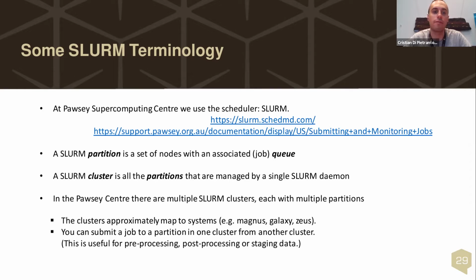Some partitions may have a longer wall time, which allows a program to run for longer times, or give access to a higher quantity of memory, as I said. A cluster is all the partitions and usually corresponds to a supercomputer. So sometimes you can hear a person calling the supercomputer a cluster, or vice versa. It's basically the same thing.